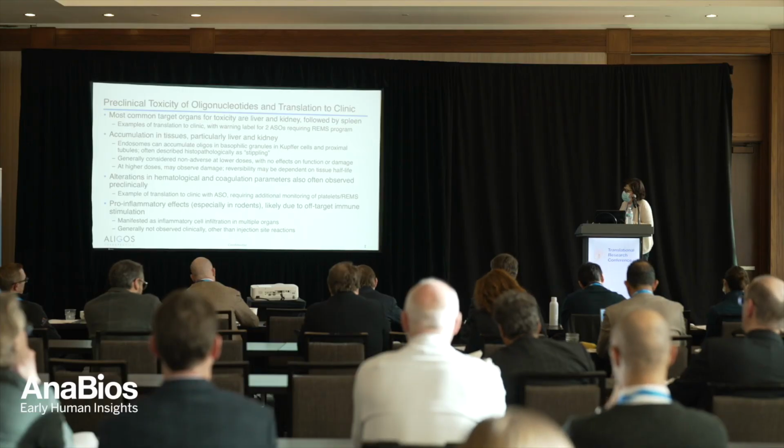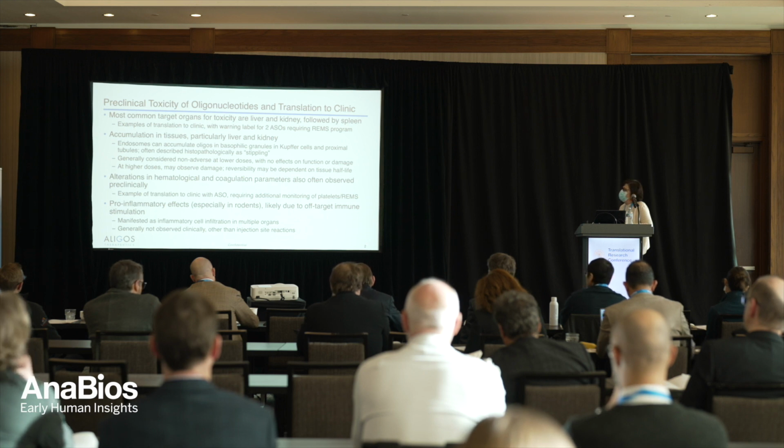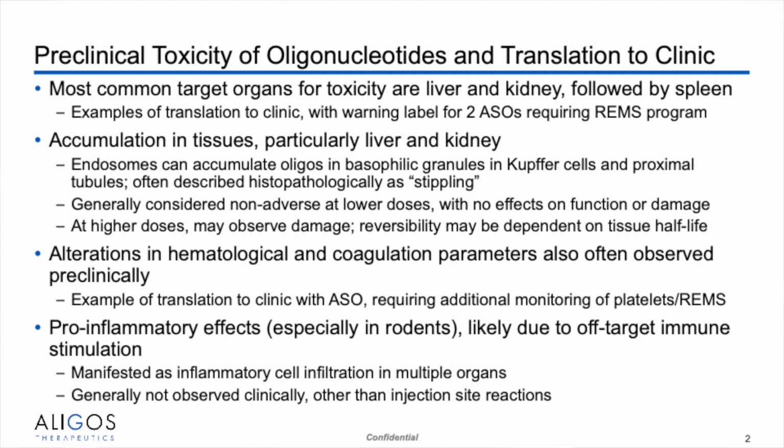What we do sometimes see in the rodent particularly is pro-inflammatory effects, likely due to off-target stimulation of the immune system. It's generally not something that has translated to the clinic, and it is something that we have to manage in our non-clinical studies.